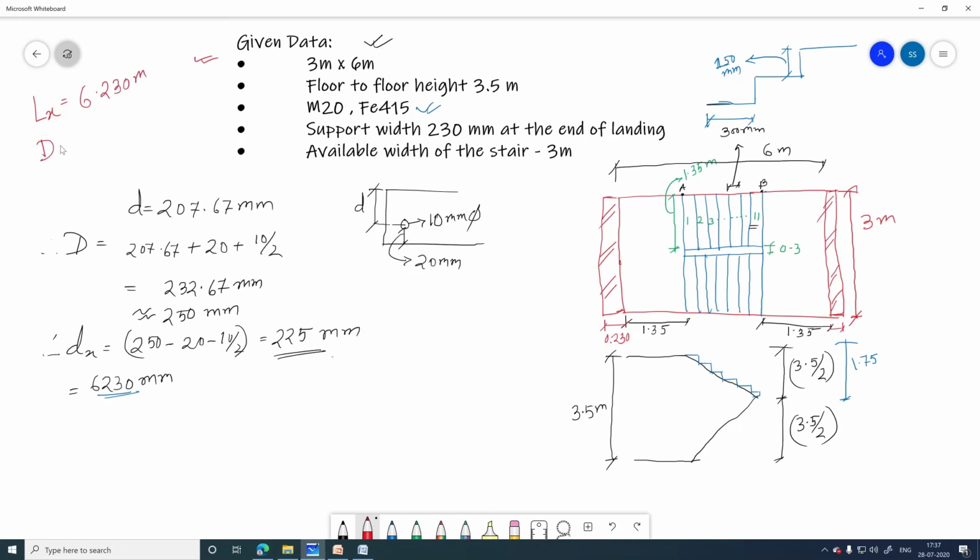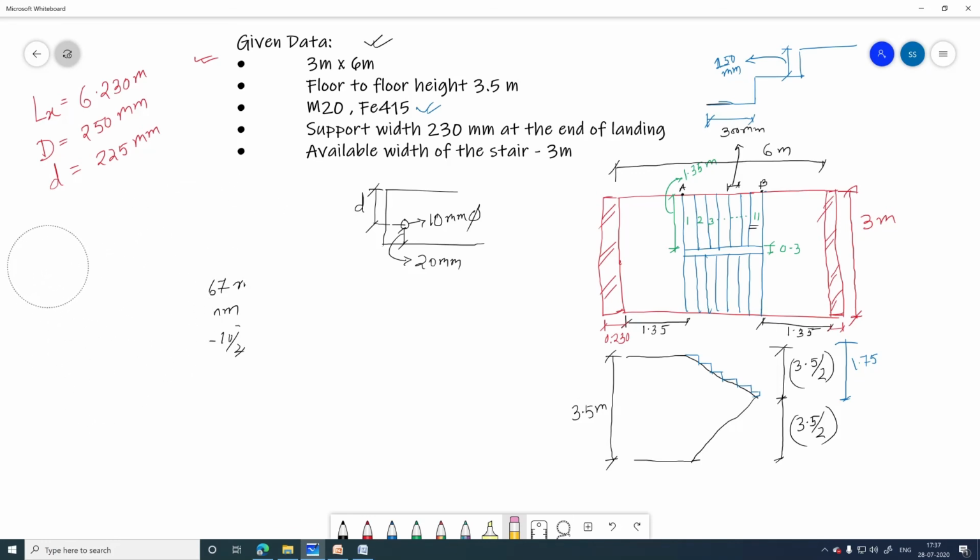The overall depth that we get is 250, let's write in mm, millimeter, and the small d, the updated value that we get, is 225 mm. Okay, so let's remove this. Now what we need to do is go to the next step, that is the load calculation.